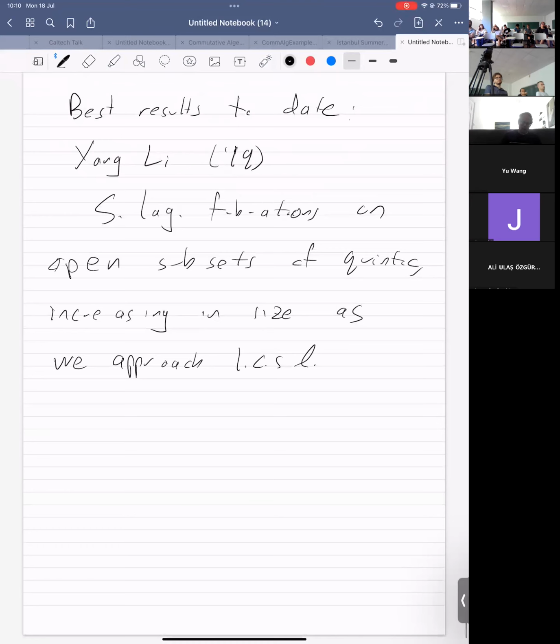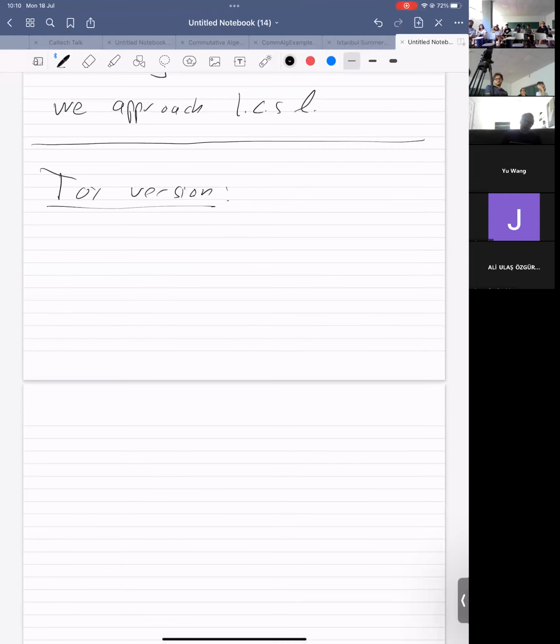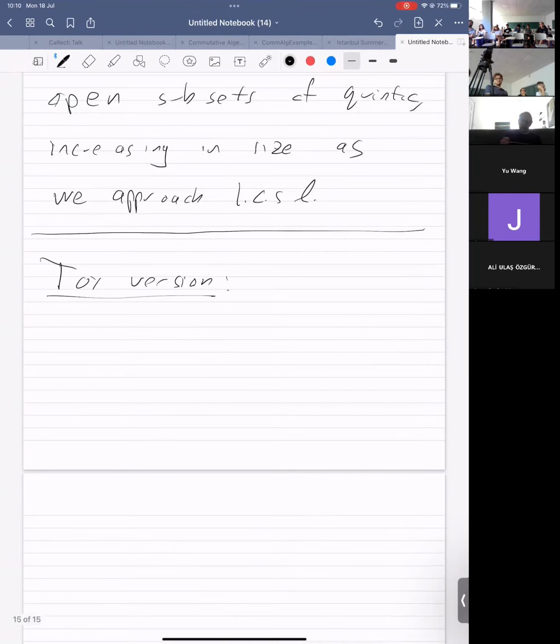So now I'm going to get slightly more detailed. So here's a toy version, which is very informative. Let B be an integral affine manifold.